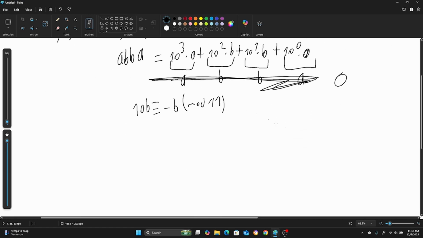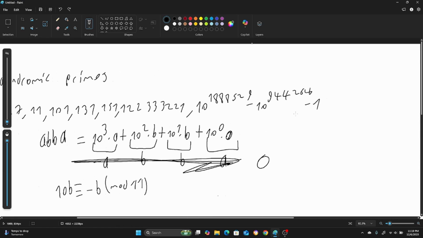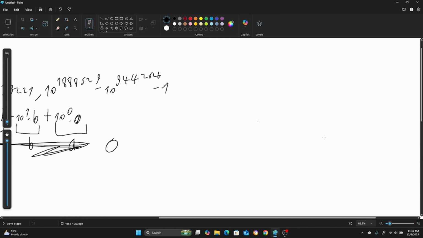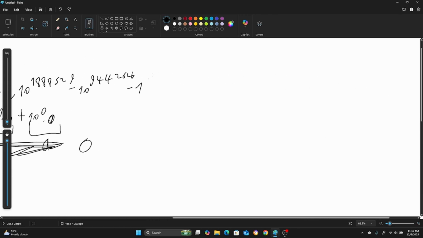Now using this, we can write a palindromic prime number as this. Let me give you an example for clarity. ABA is just an example palindromic prime.